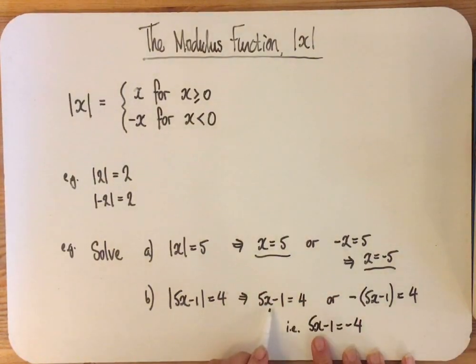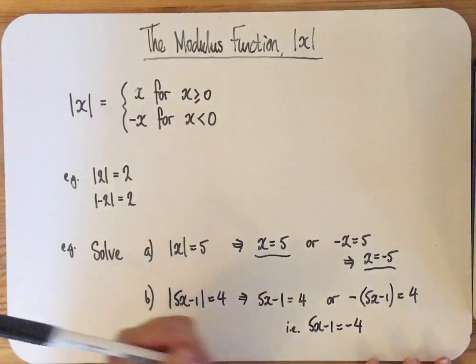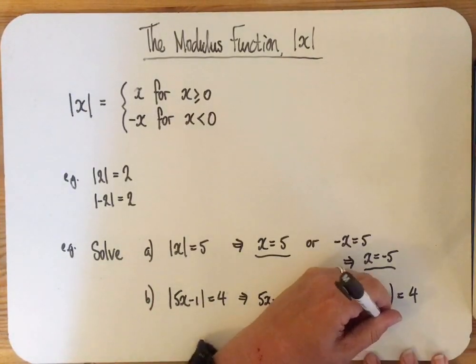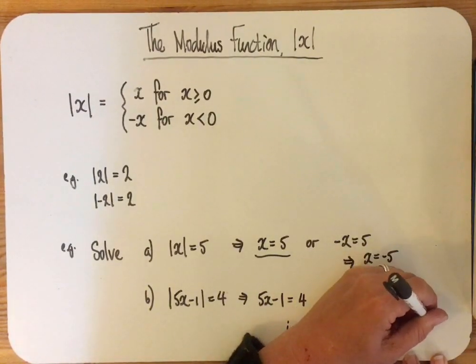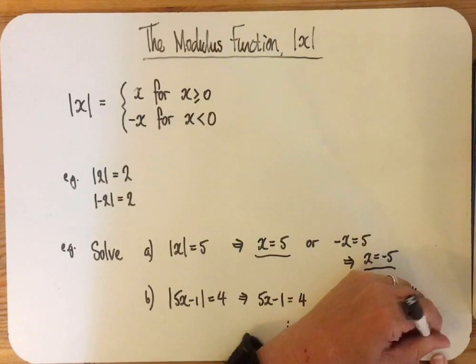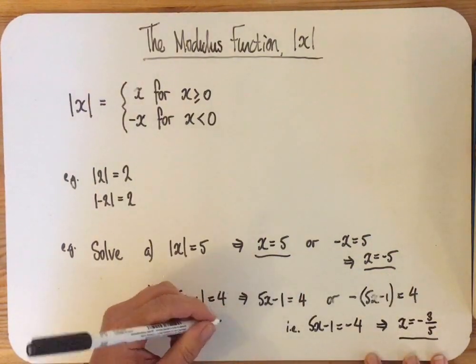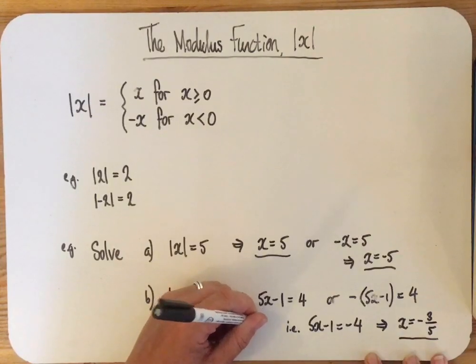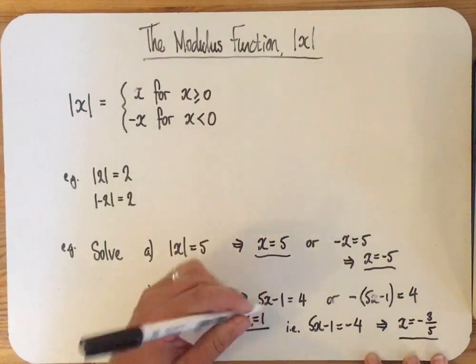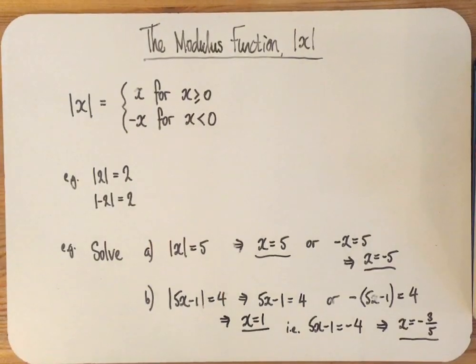So that when you take the positive value of what's in the modulus, you get 4. This one here gives me x equals minus 3 over 5, and this one here gives me x equals 1, so adding 1, dividing by 5.